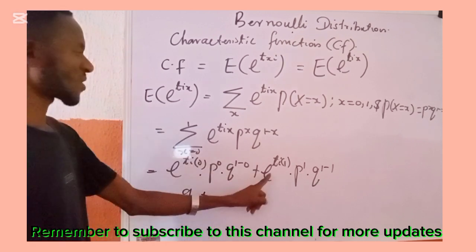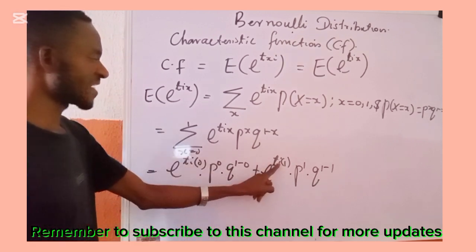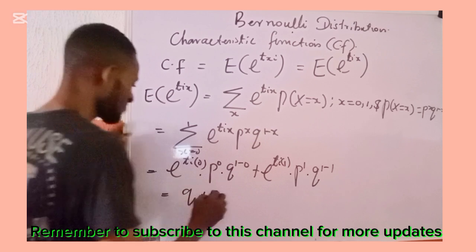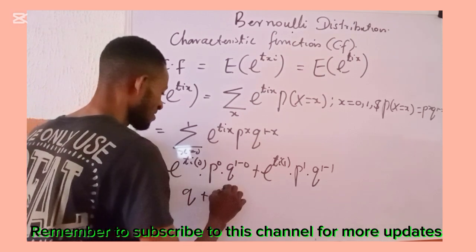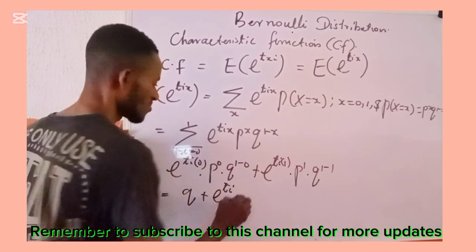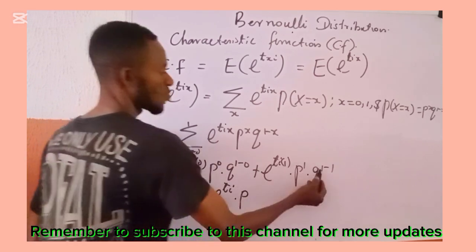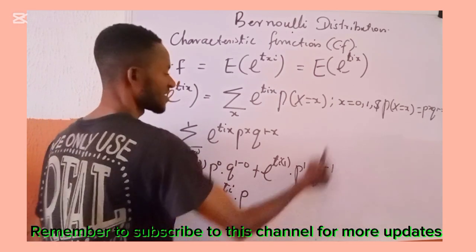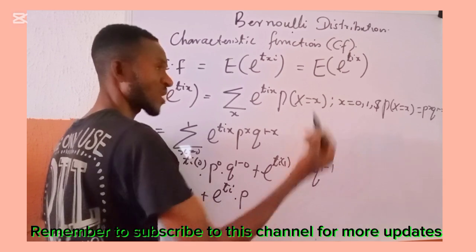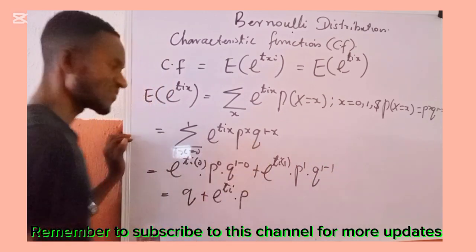Plus, when we come here, this i multiplying this 1 will just give me i. So I have e to the power it multiplied by p. 1 minus 1 will give me 0, and anything raised to power 1 is 1. Anything raised to power 0 is 1. Multiply by this will give me the same thing.